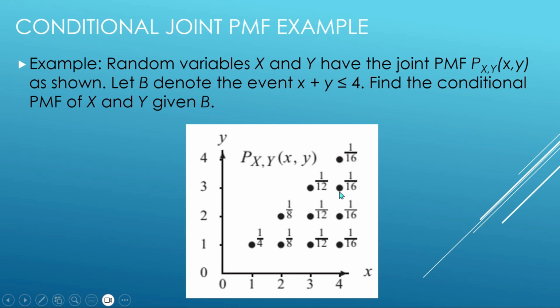If the value of x is 4, value of y is 3, then it is 1 by 16 and so on. So this only tells us what the probabilities are at different random variable values. We can see that there is no probability given at 1, 2 and 1, 3 and 1, 4 and so on.